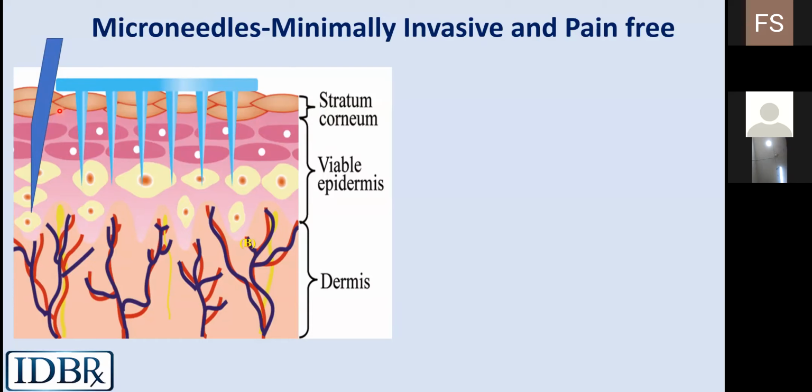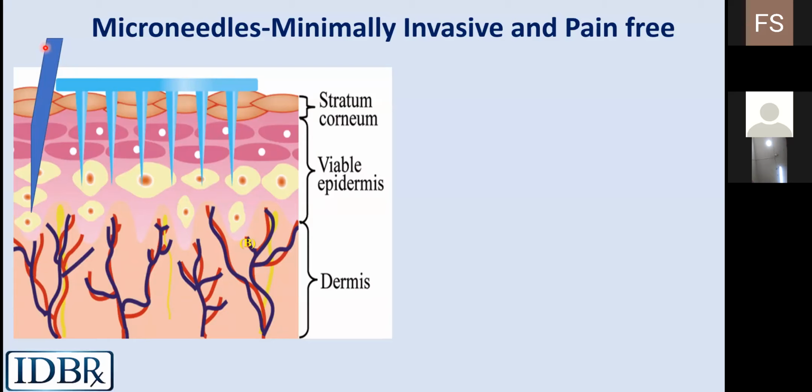So the thing here is, there are no blood vessels and nerve endings in the stratum corneum or in the epidermis, but there are blood vessels and nerve endings here in the dermis. So when the hypodermic needle goes into the skin, it reaches far enough down to touch the nerve endings and the blood vessels in the dermis. So that's why you feel the pain. That's why you see bleeding after injections and such things.